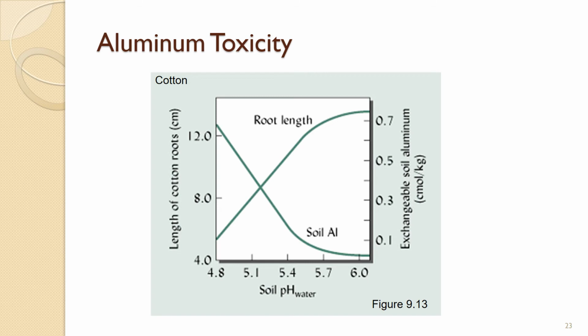Most plants, I think there's only like one or two plants that can withstand a lot of aluminum. If you have a plant that is aluminum sensitive, which is basically every plant, you would want it to grow in soils with low aluminum content, which means you want it to grow in soils that have moderate to decent pH.